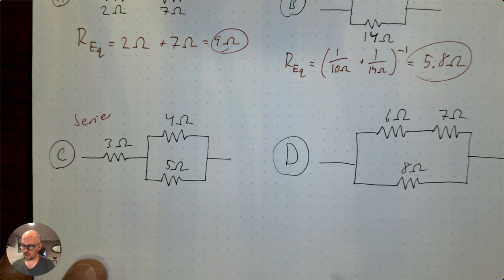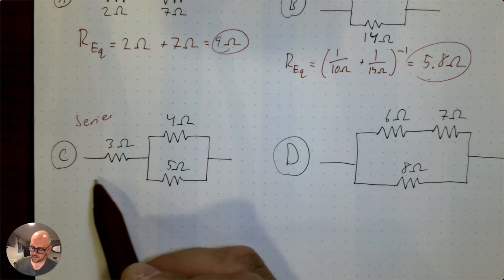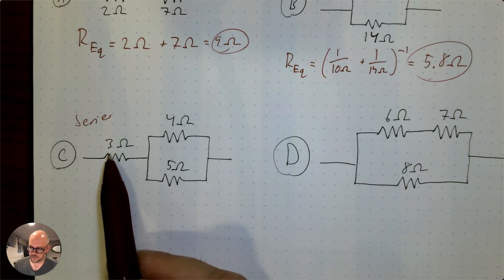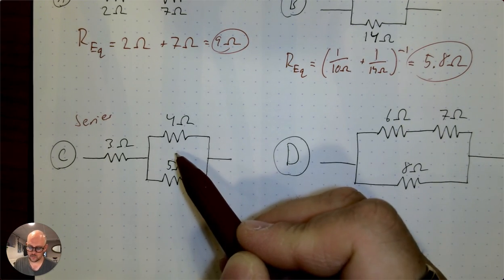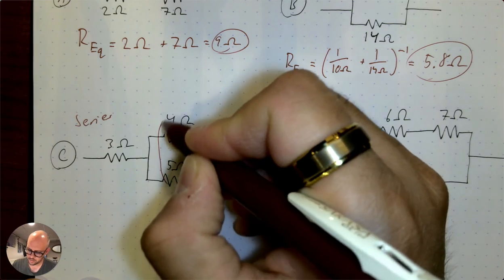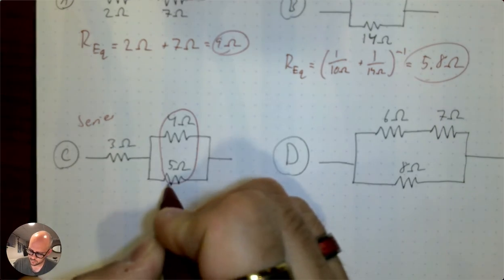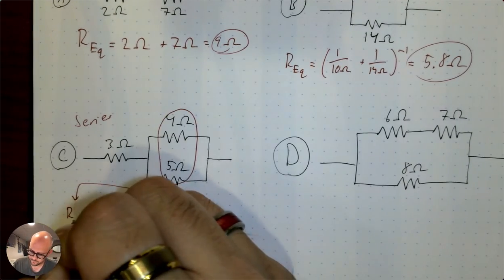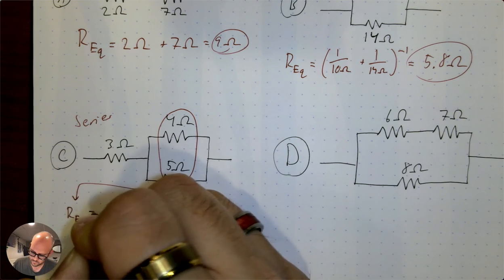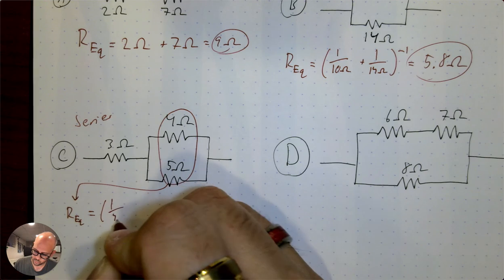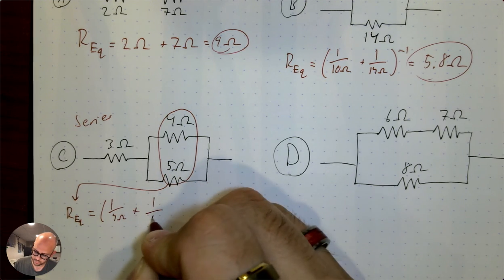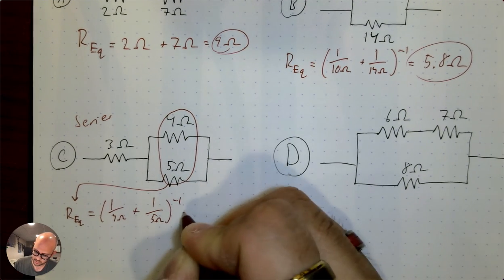So here's what we'll do. The equivalent resistance is whatever this resistance is, plus whatever these resistors have in total. So the first thing I'm going to do is find that resistance, and I'm going to use the parallel rule. So 1 over 4 plus 1 over 5 to the negative first power.